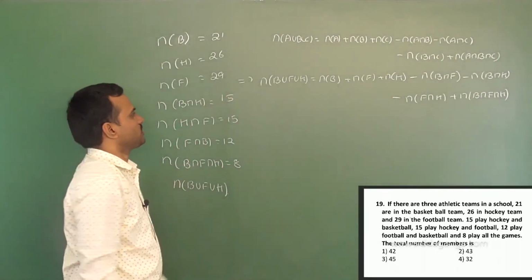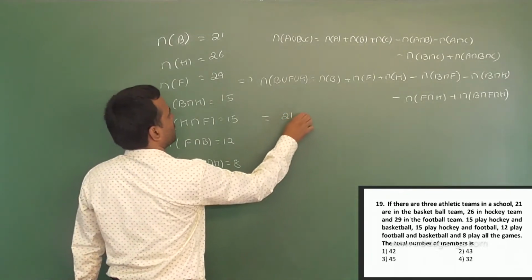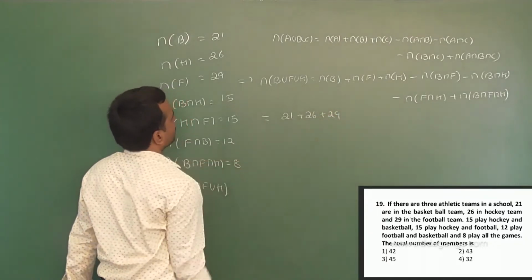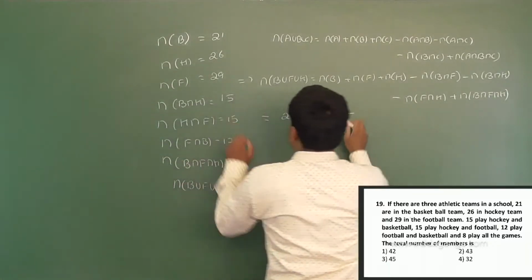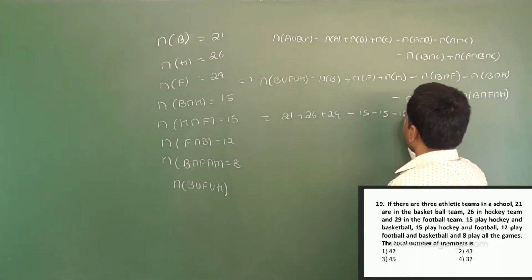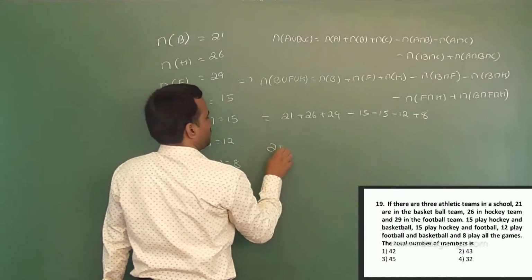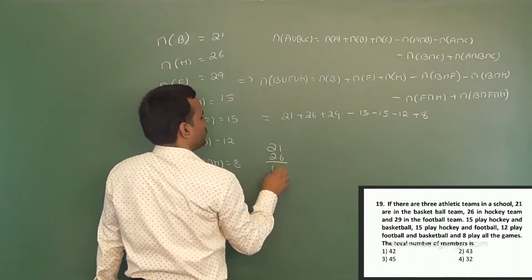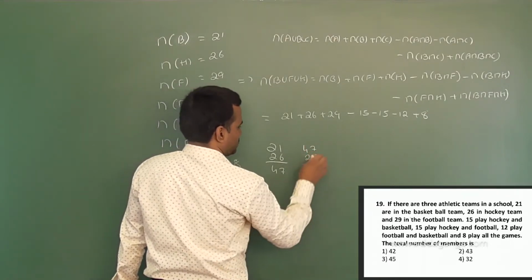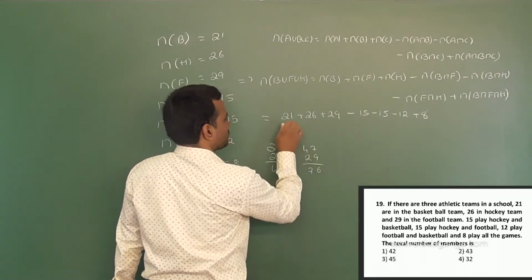Substitute all the values. That is 21 plus 26 plus 29 minus 15 minus 15 minus 12 plus 8. Solve this one. 21 plus 26 is 47, 47 plus 29 is 76.